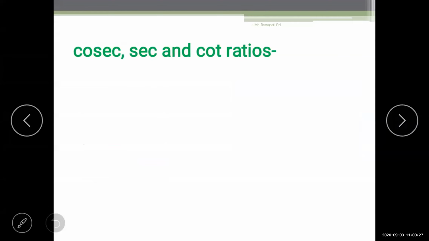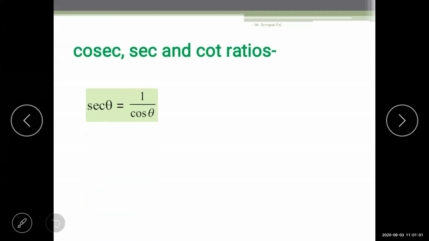Okay, so sec theta is equal to 1 upon cos theta. As you know, opposite of cos theta is sec theta and opposite of sec theta is cos theta, correct? So sec theta is equal to 1 upon cos theta, and when cos theta moves to the left hand side, it will multiply with sec theta.